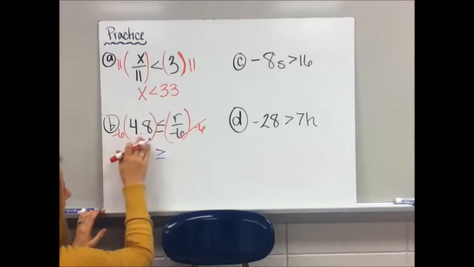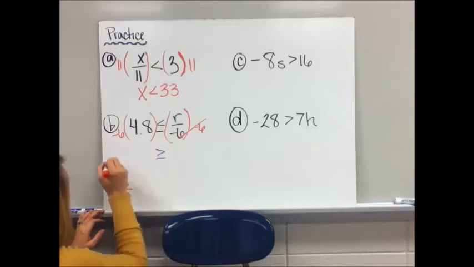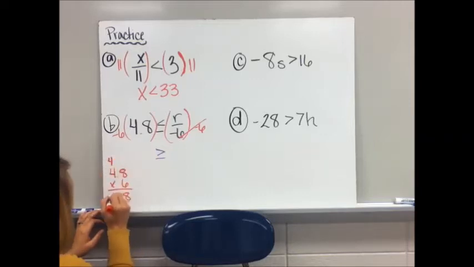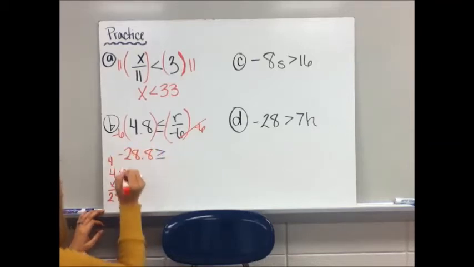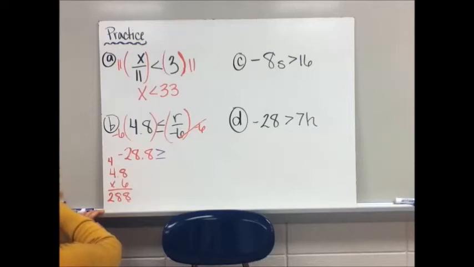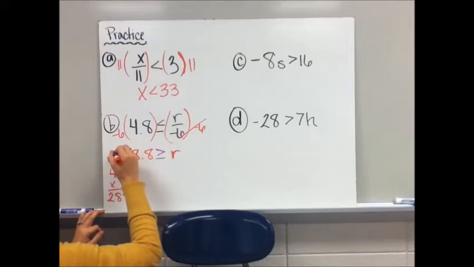Then I'm going to multiply negative 6 times 4.8. You can come down here to do that. You get 28.8, in different signs, so that is a negative. Negative 28.8 is greater than or equal to r.